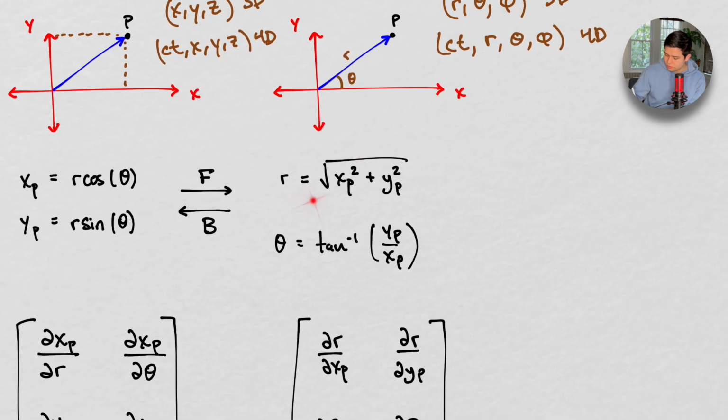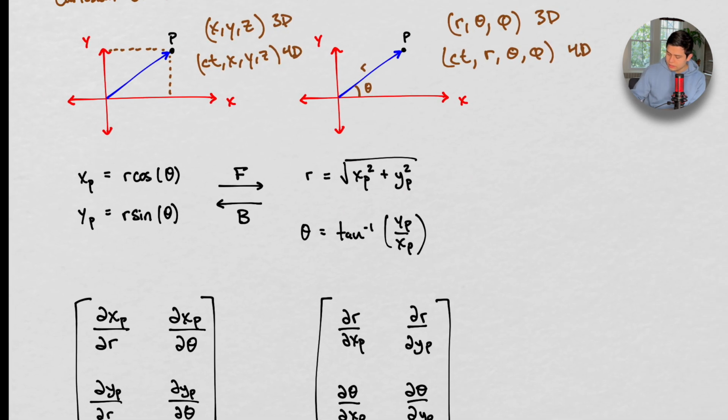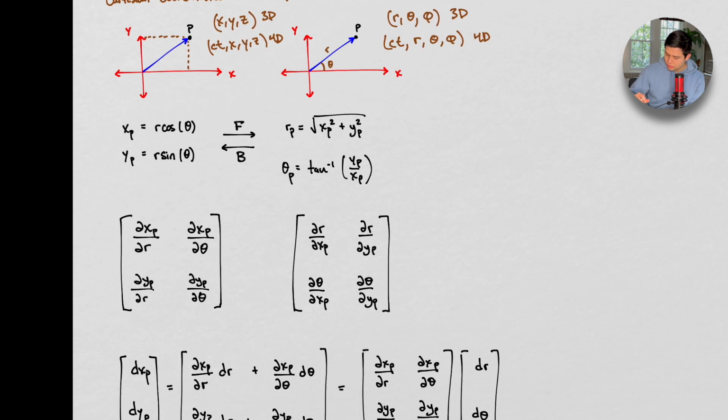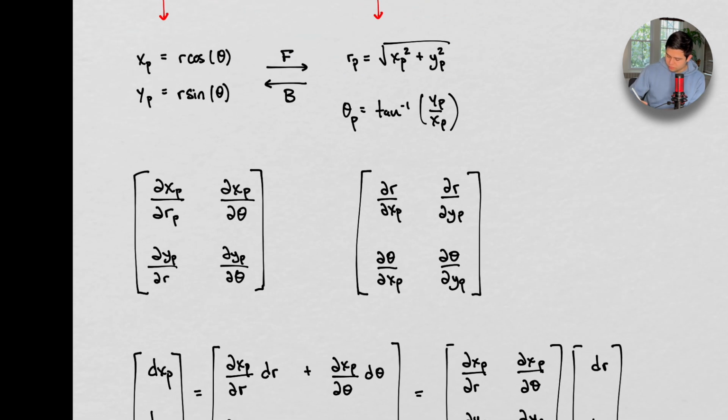That's r squared, so that's why we take the square root. And then the tangent of our angle is going to be y over x, opposite over adjacent, right? At point P. So to be a little bit more complete, all of these guys are going to be at point P.